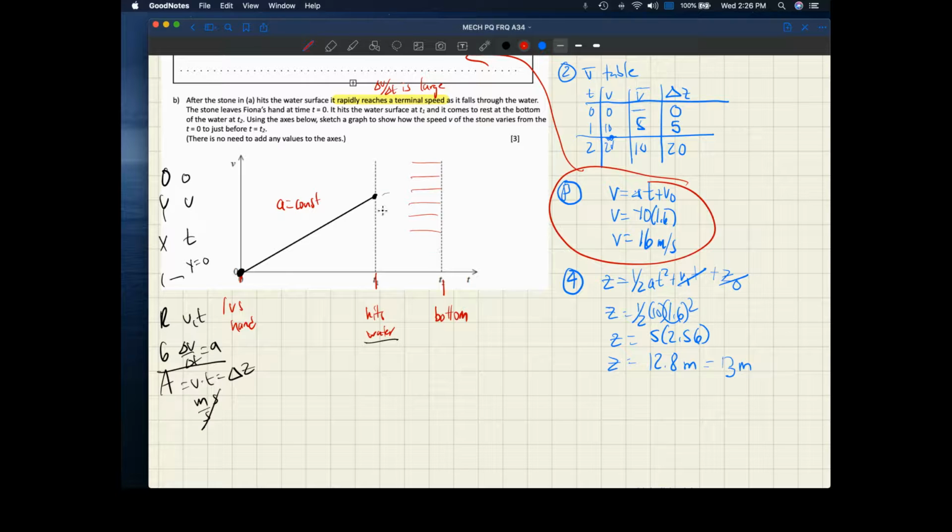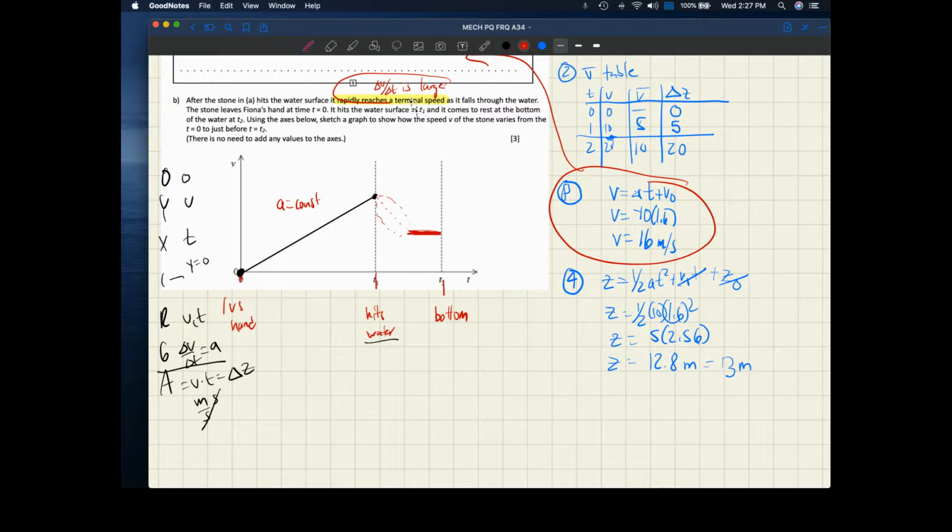Well, the question is, after it hits the water, is its velocity greater or lesser? Is it faster or is it slower than when it was in the air? That becomes pretty obvious to see, it's going to be lower. It's going to be less. So we know this part of the graph then has to be lower and it has to be horizontal. So our possibilities are this, that, and that.